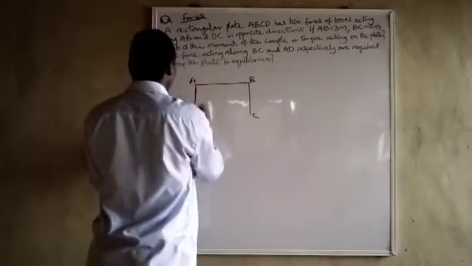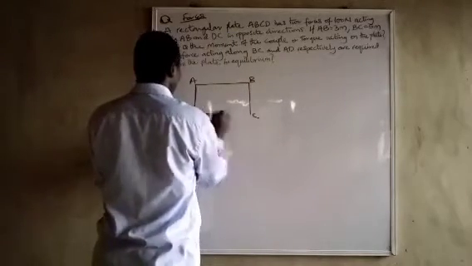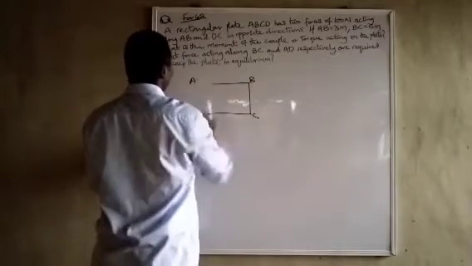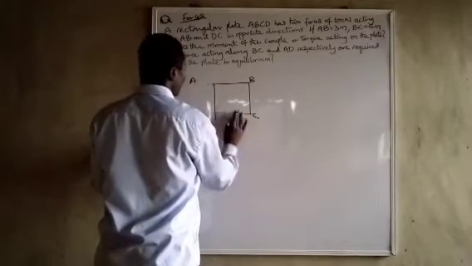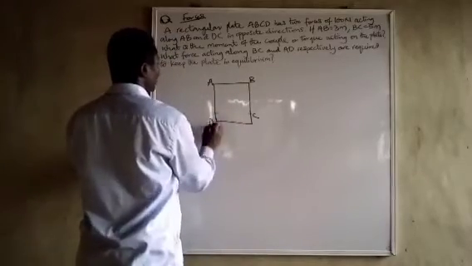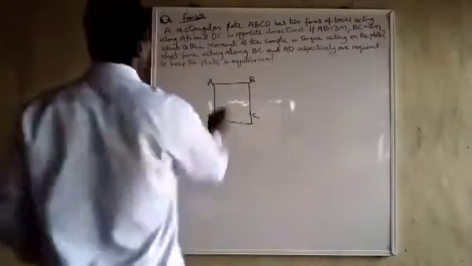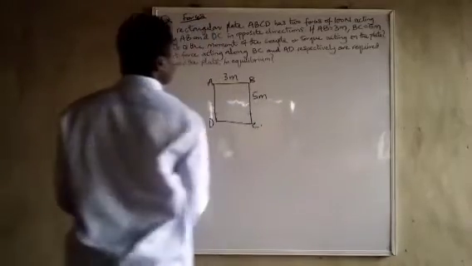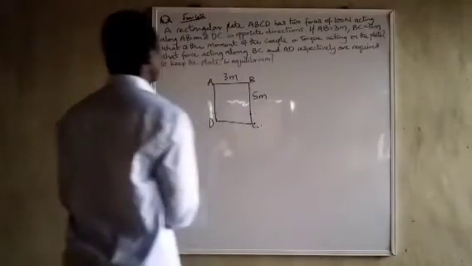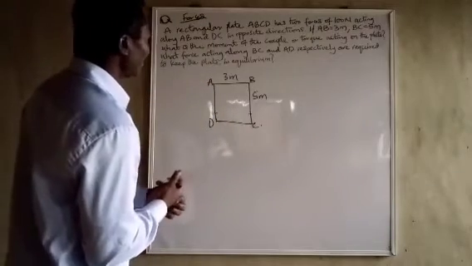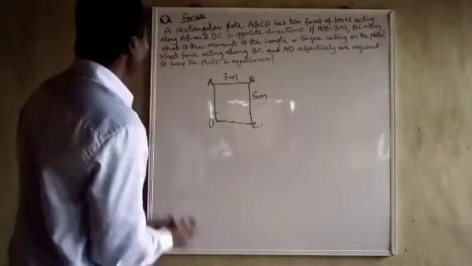We are told that AB equals 3 meters and BC equals 5 meters. What is the moment of the couple acting on the plate? What forces acting along BC and AD respectively are required to keep the plate in equilibrium?